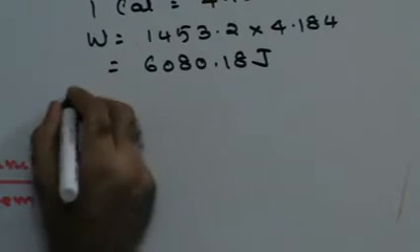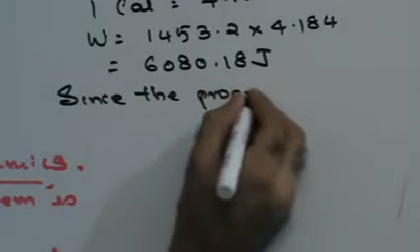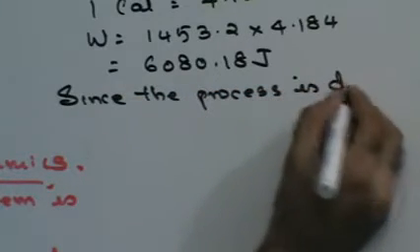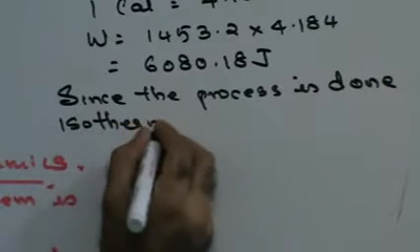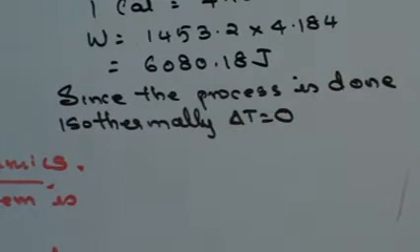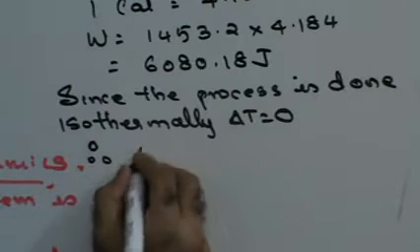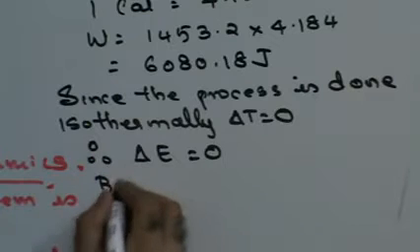Since the process is done isothermally, delta T is going to be 0. For an isothermal process, the change in temperature is 0. If the change in temperature is 0, that means the change in internal energy will also be 0. Therefore, delta E is 0. I know W, I know delta E, so I can apply the first law of thermodynamics.